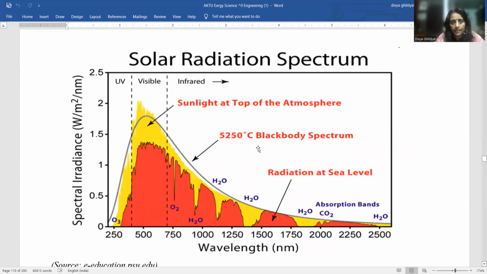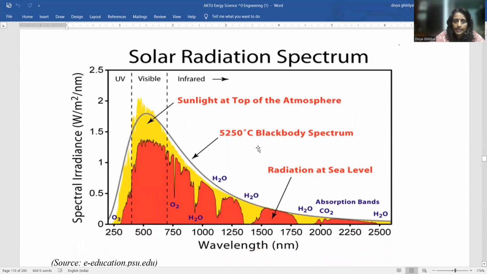And how much it gets diffused: sunlight does not reach the Earth directly without any type of interference. Earth is surrounded by the troposphere, stratosphere, ionosphere.